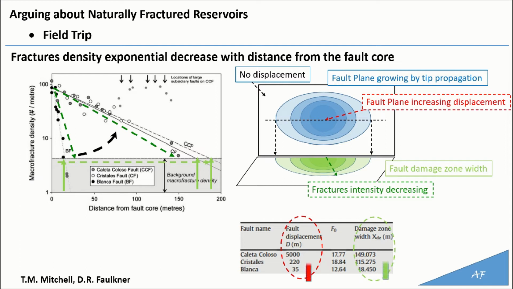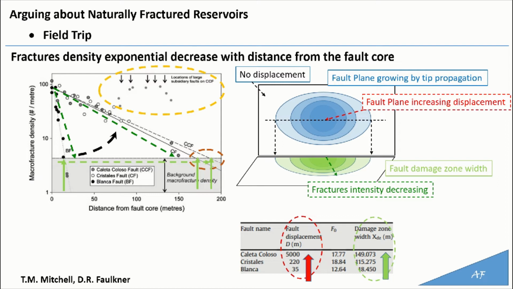So, damage zone width scales with the fault displacement, although damage zone width appears to grow more slowly at higher displacement. Moreover, we see that the presence of subsidiary faults has a clear effect on the fracture density and is ignored for the estimation of the least square best fit lines of the master faults.